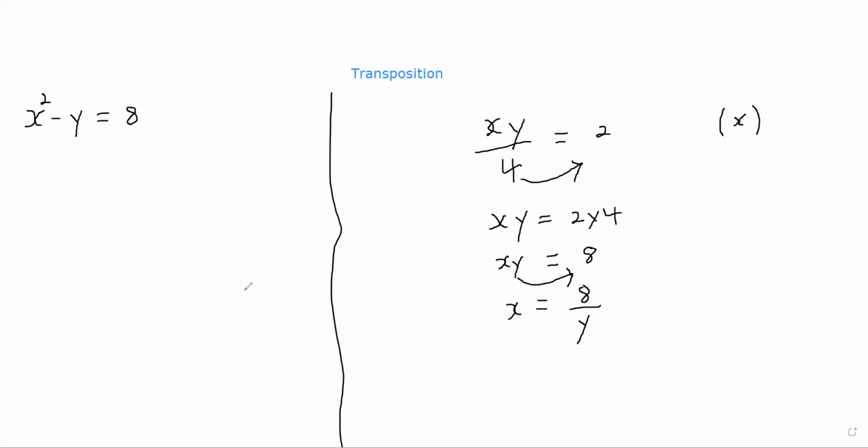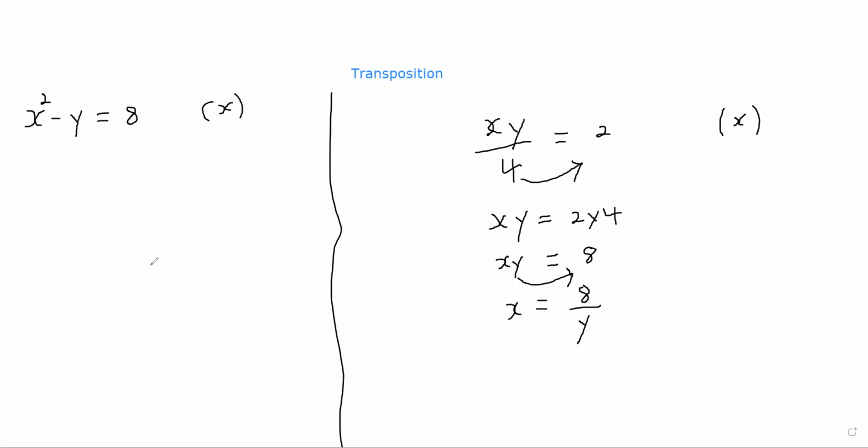So take down this next one: x squared minus y equal 8. And I want you guys to make x the subject. Look at it. The first thing we need to carry over is what?